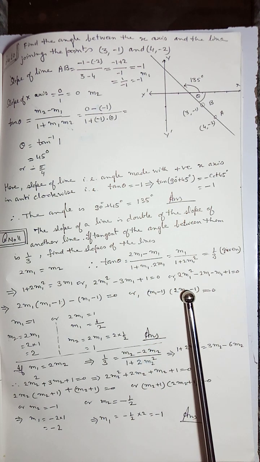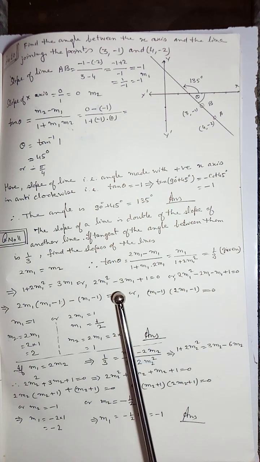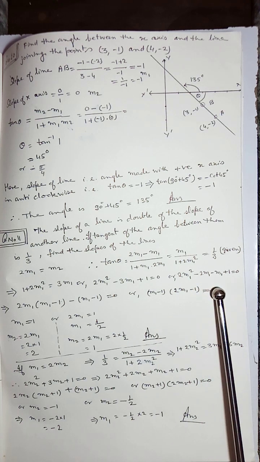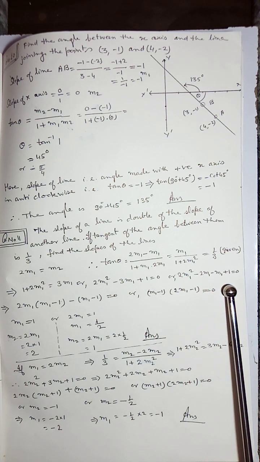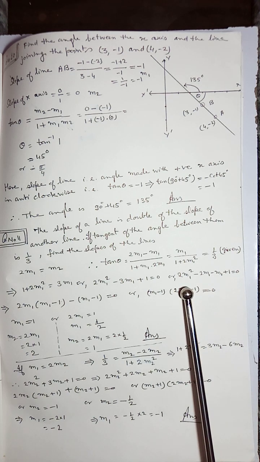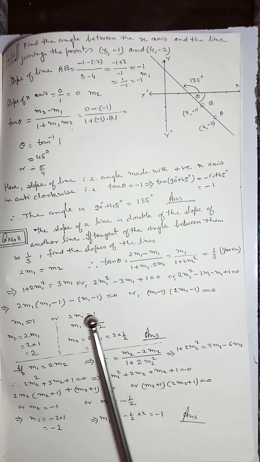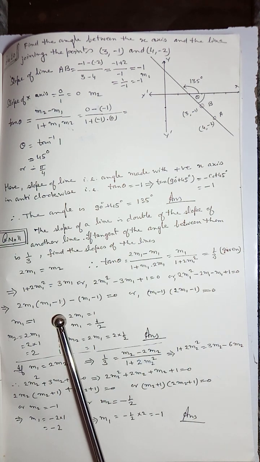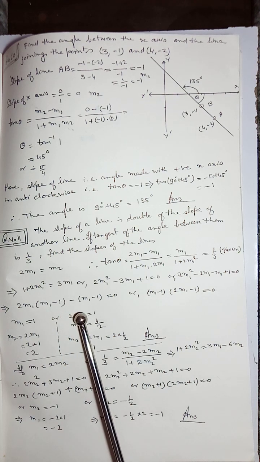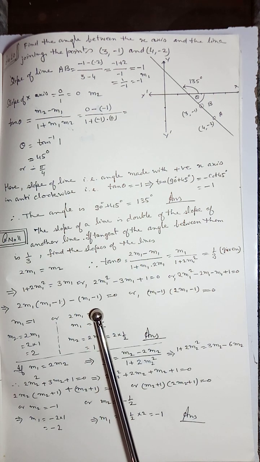0. So twice of m1 square minus 3 m1, I have split the middle term: twice of m1 square minus twice of m1 minus m1 plus 1 equal to 0. Taking 2m1 common from the first and second term, you will get m1 minus 1, and you have to take -1 from the third and fourth term, you will get m1 minus 1.